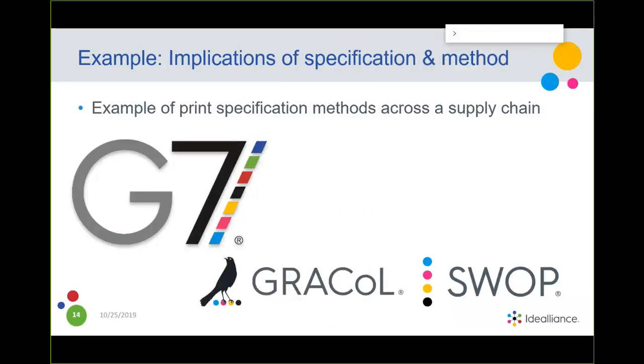One example, of course, would be G7, which is one of the things that Idealliance is responsible for and takes care of and develops and moves forward. G7 is a method and a specification for printing.